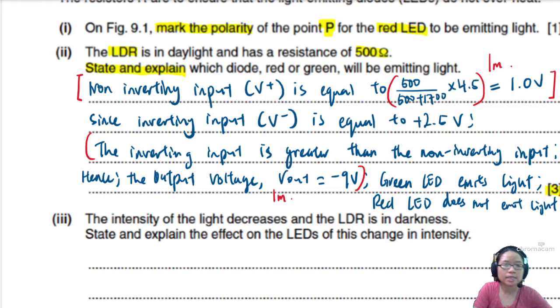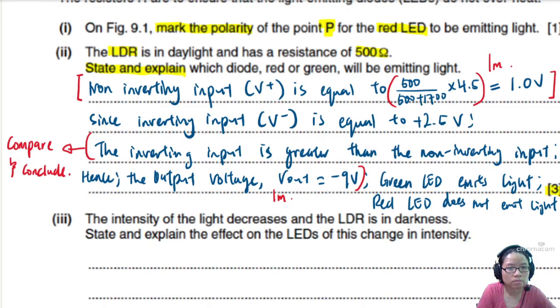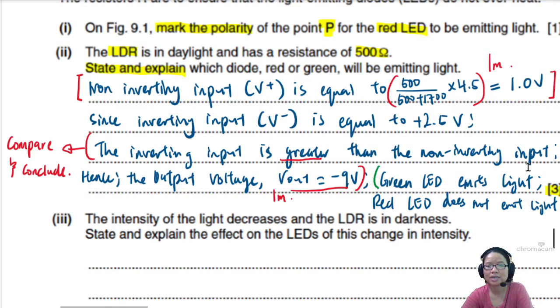Because this is a comparator circuit, you need to compare and conclude. So greater than is a comparison. Output is negative 9 volt is a conclusion. And your final result is your last mark. Green LED emits light. And there was this year where the students need to write red LED does not emit light.